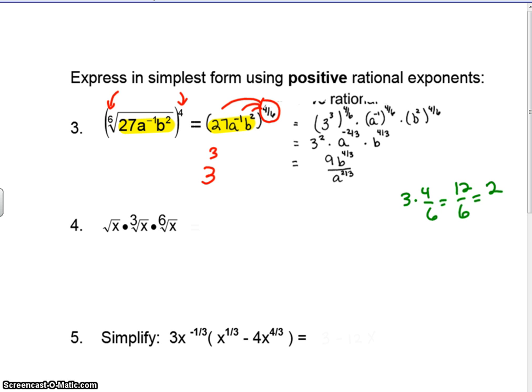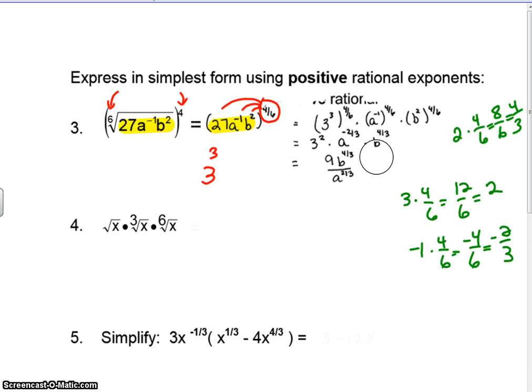And then negative 1 times 4 over 6 is equal to negative 4 over 6, which reduces to negative 2 over 3. That's where that comes from. And then the last one, 2 times 4 over 6 is equal to 8 over 6. When you reduce that, you get 4 over 3. That's where that exponent comes from.